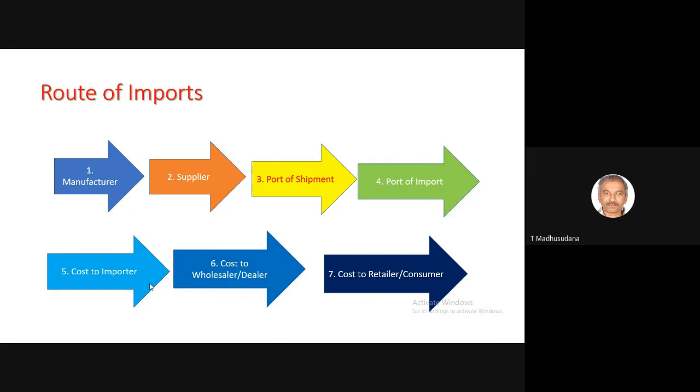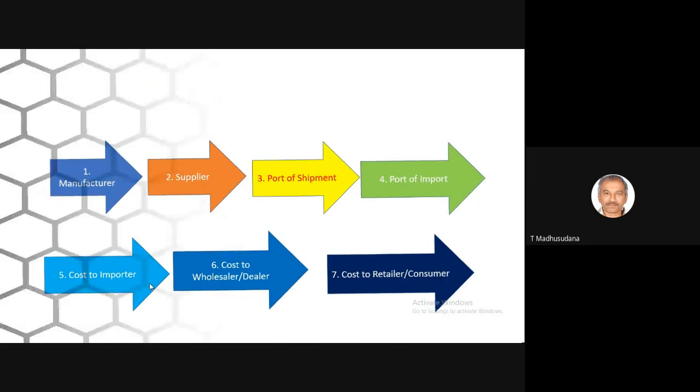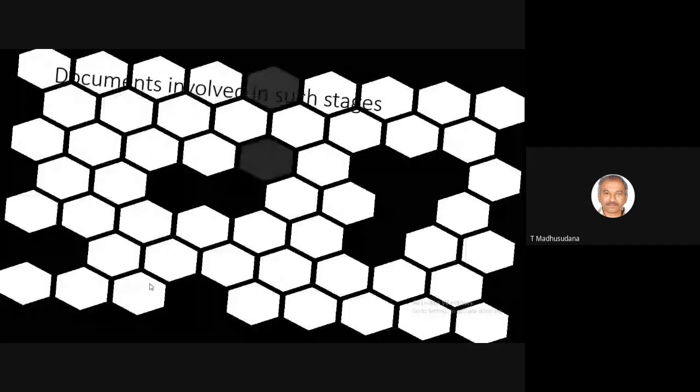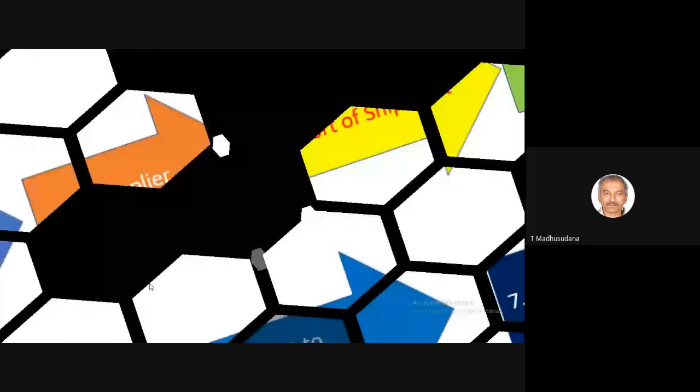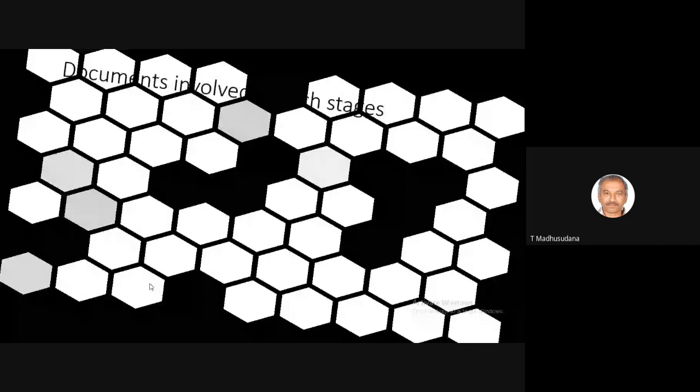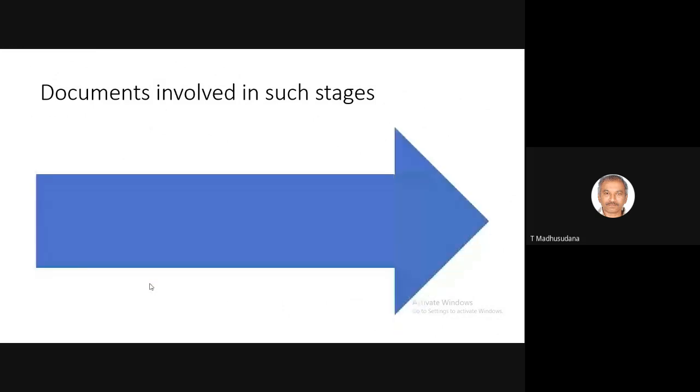In this way, at each and every stage, there are several documents that are useful for the government for assessing the value of the goods. At each and every stage, several documents are made available to the government to assess the value of the goods.